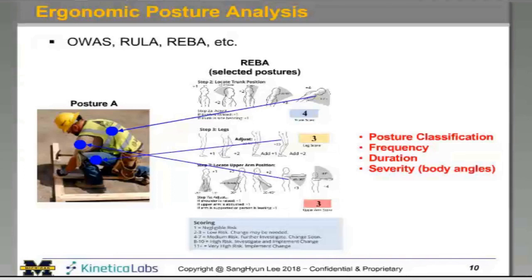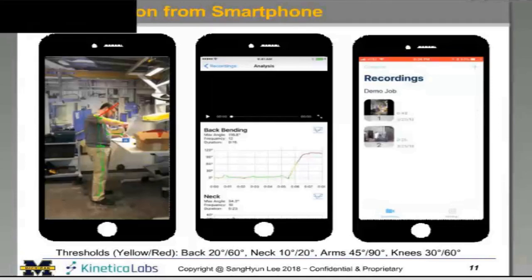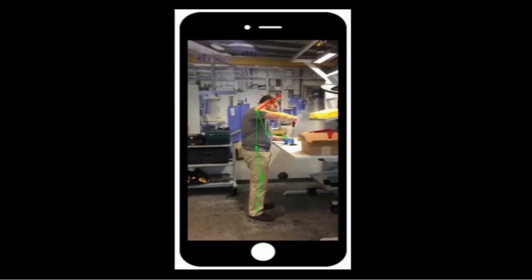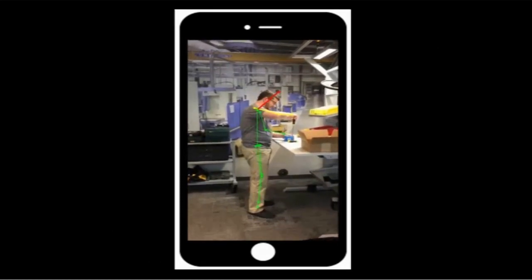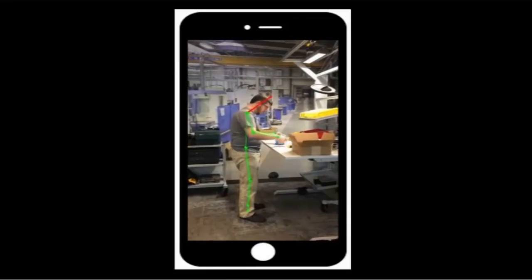Can you play the first video? So now you can see that what we try to do is that... I'm supposed to see the video, right? Can you play? Yeah, okay. Another window.